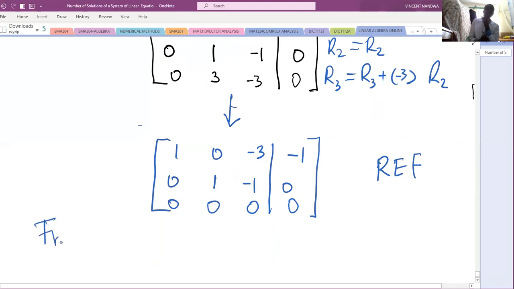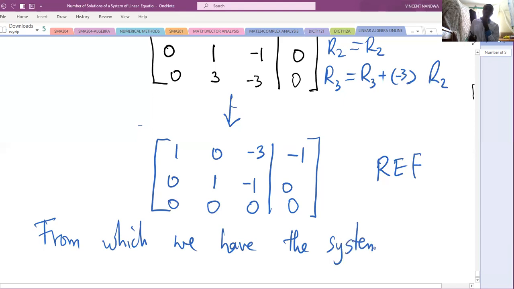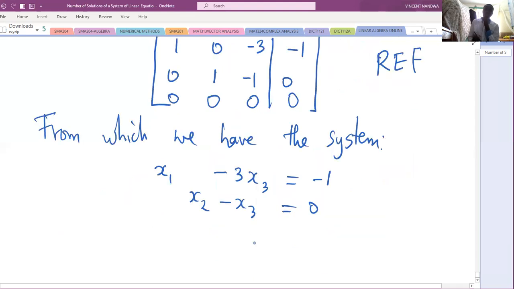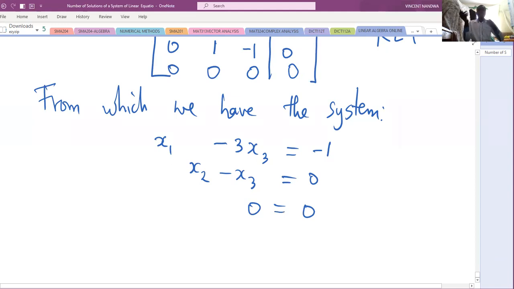So from which we have the system x1 minus 3x3 equals -1, x2 minus x3 equals 0, and the last one means 0 equals 0. Now, in the third equation, 0 equals 0 is a true statement.